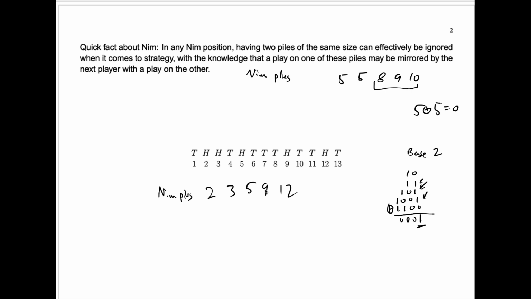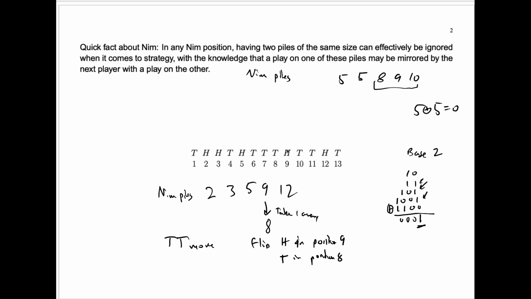Let's say that we decided to take 1 away from the 9 pile. Change that to 8. That would be a winning move in nim. What would that correspond to in turning turtles? The turning turtles move is to flip the H in position 9 and also flip the T in position 8.